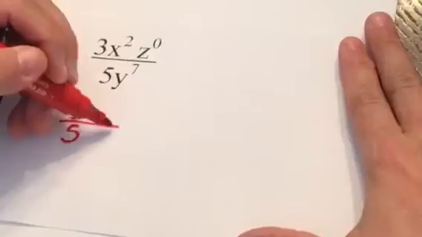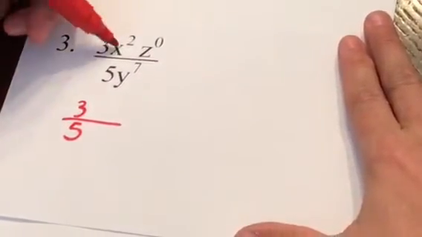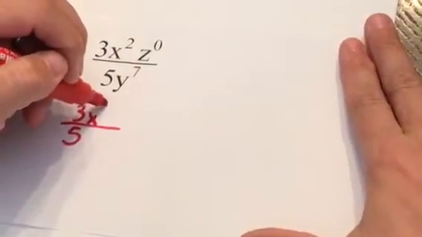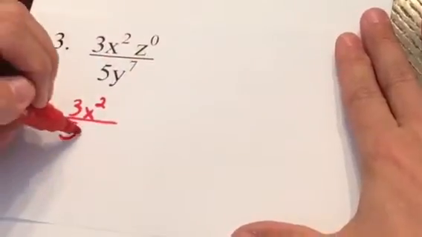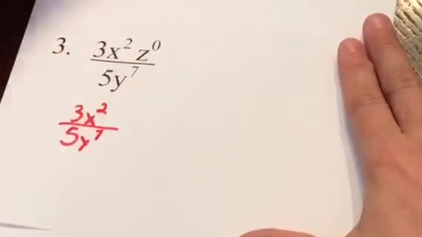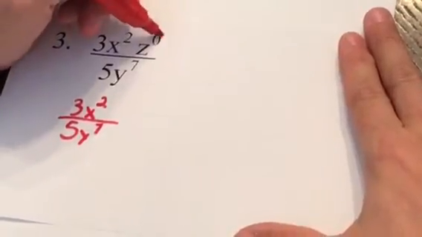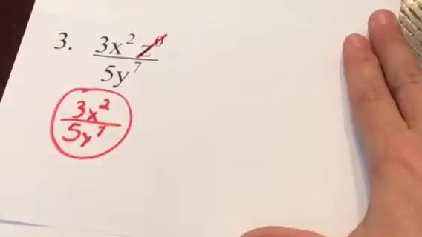I've extended the line so I have enough room for the rest of my variables. The x to the 2 stays. Y to the 7th stays. Z to the 0 power, anything to the 0 power cancels out. Our final answer for number 3.